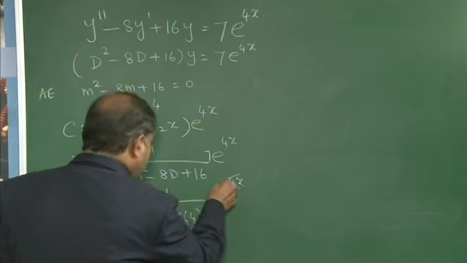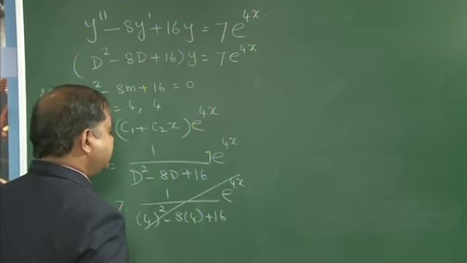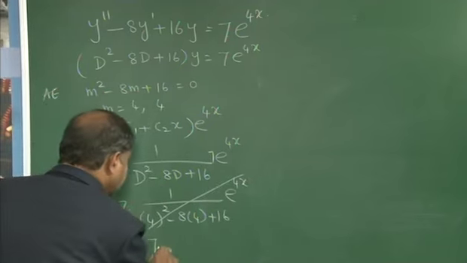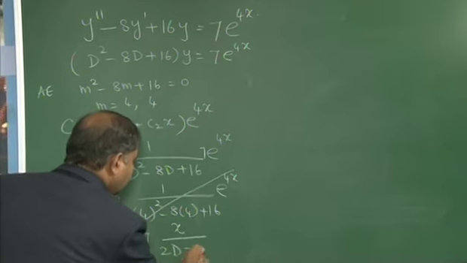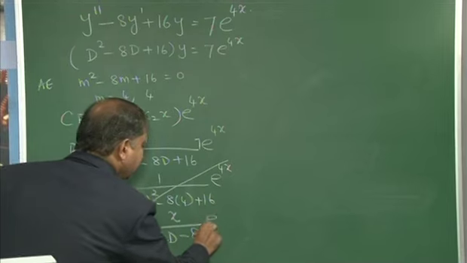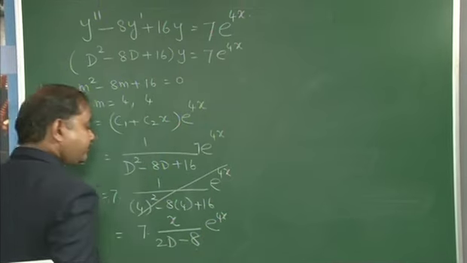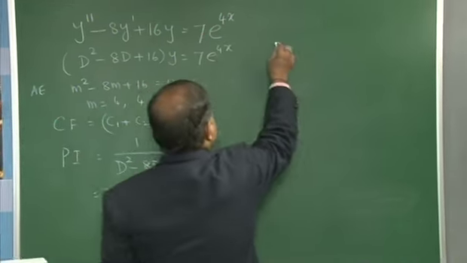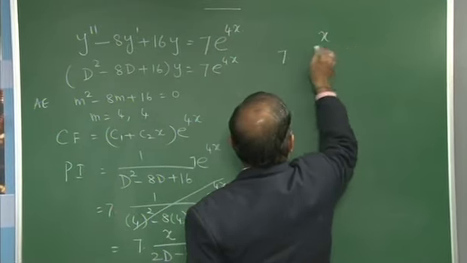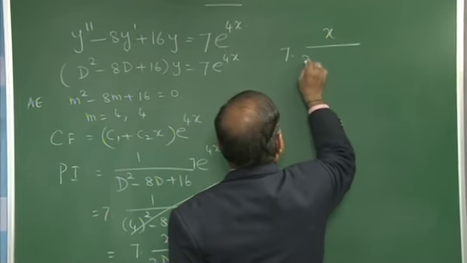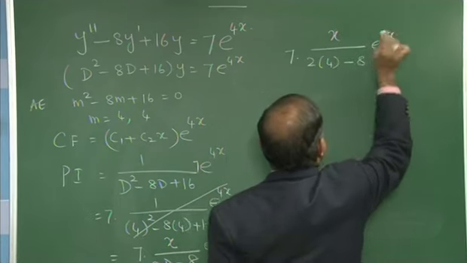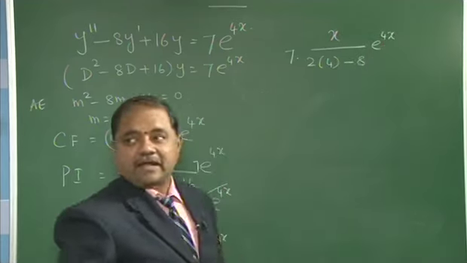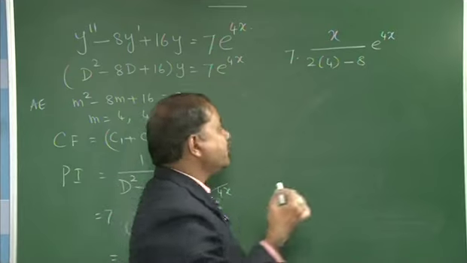So the denominator is becoming 0. Leave it, multiply by x in the numerator, and differentiate the denominator: 2D minus 8. Again replace it: 2 into 4 minus 8. Again 4 twos are 8, and 8 minus 8 is 0.